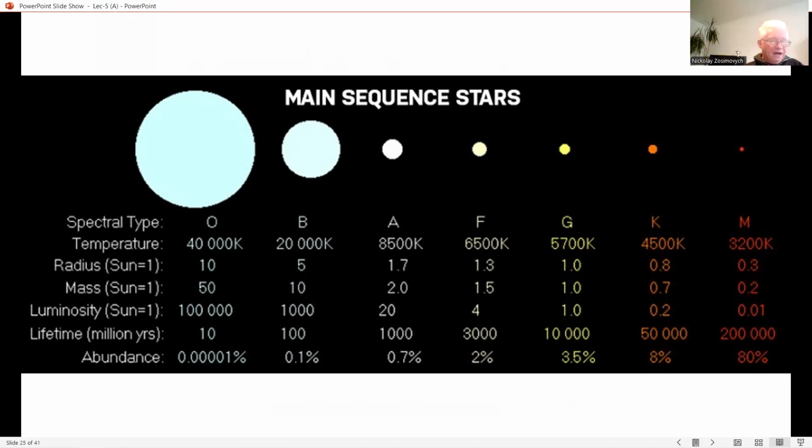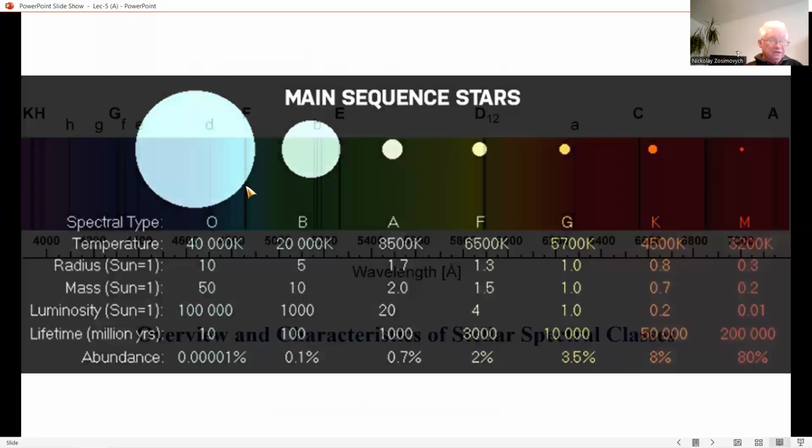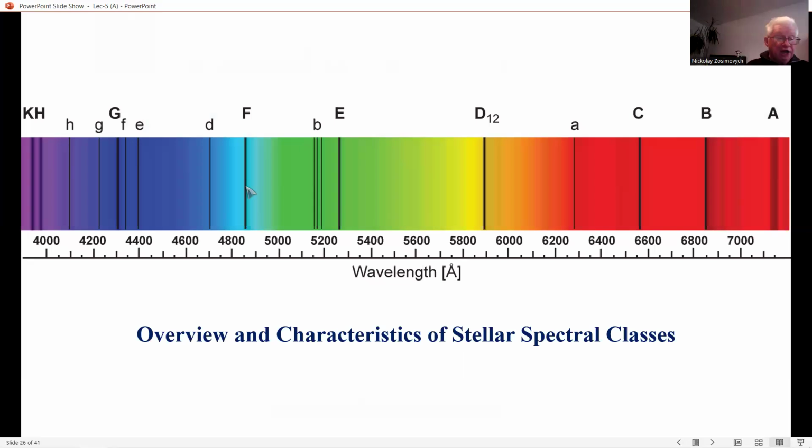Okay? As you may see on this slide, this sequence of spectral types, called the spectral sequence, is important because it is a temperature sequence. The O stars are the hottest, and the temperature decreases along the sequence to the M stars, the coolest.